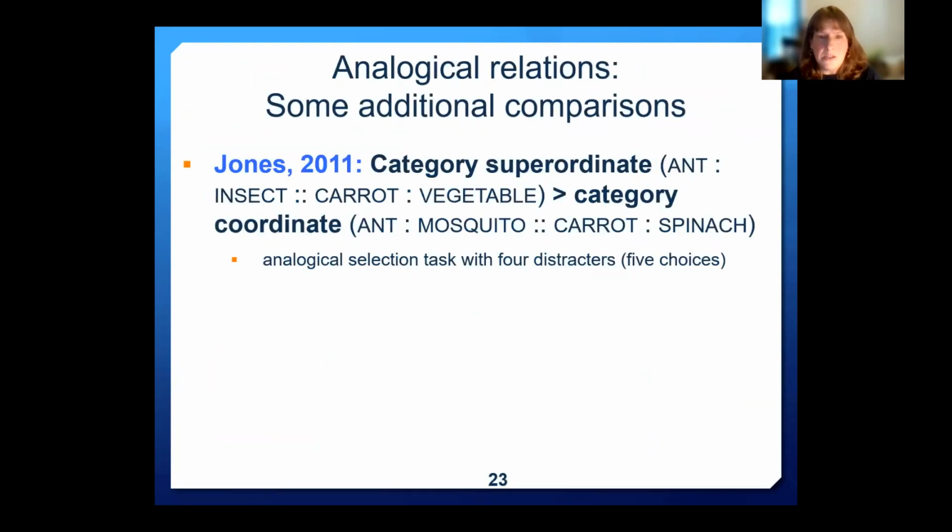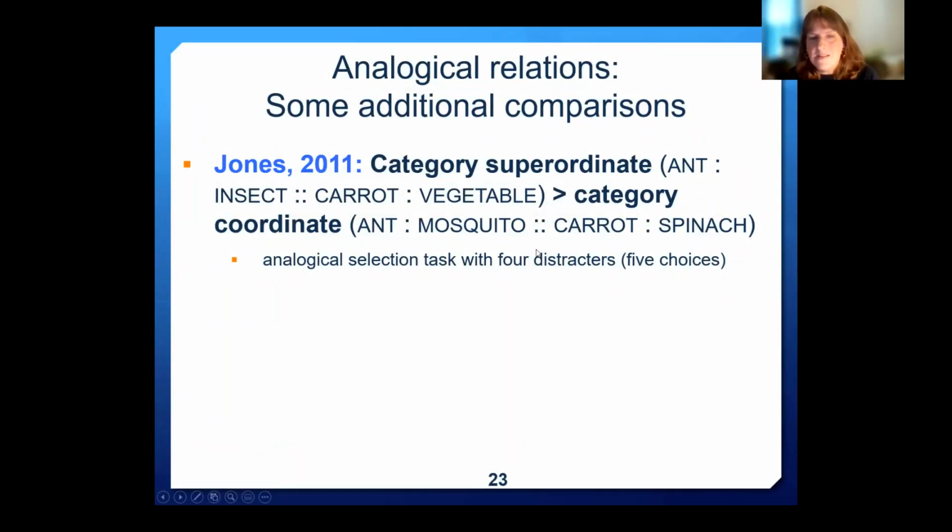So some additional comparisons. An earlier study from the EuroCogSci conference in 2011, I found that category superordinate, so the same type that we use in this current study, had higher accuracies and faster response times than category coordinate.